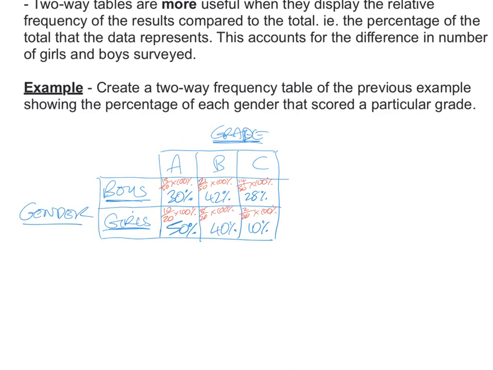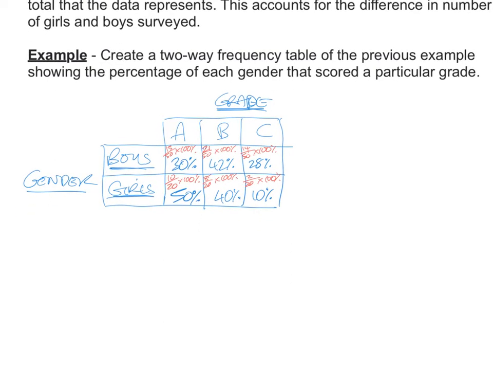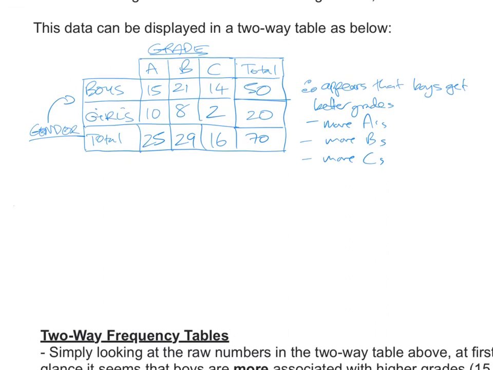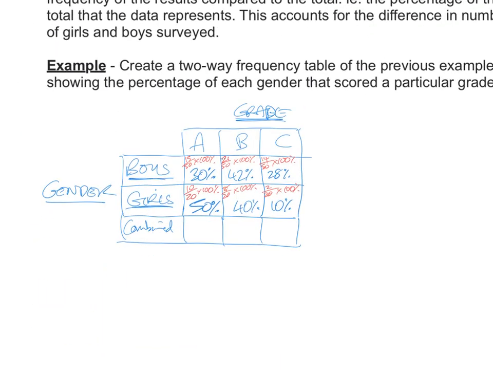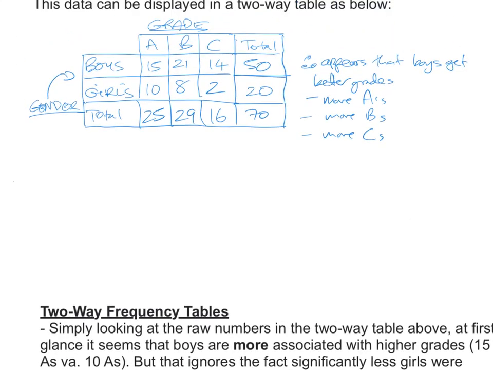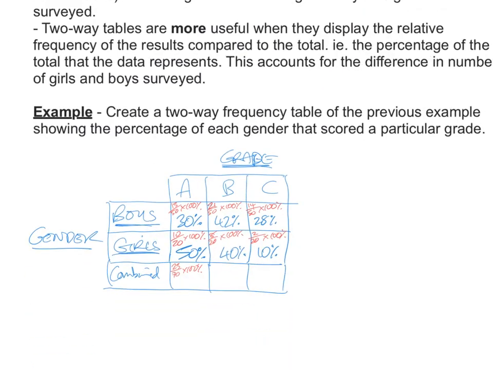And then it may be of interest to see what percentage of people overall got certain grades, ignoring their gender. So if we look back, 25 people originally got A's out of 70. 25 over 70 times 100%. Next, 29 out of 70 scored B's.